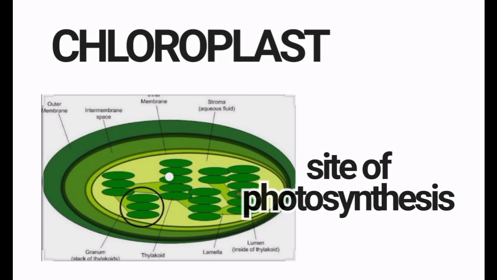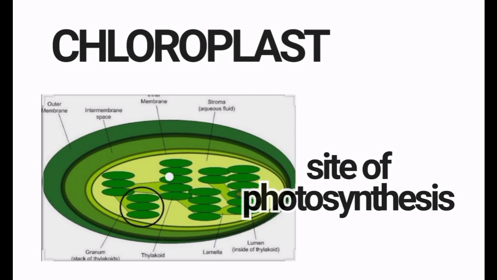Chloroplast is the organelle that is the site of photosynthesis, which is the food production by plants. This organelle can only be found in plant cells. It is the manufacture of sugar for the use of the plant. So ganun siya.